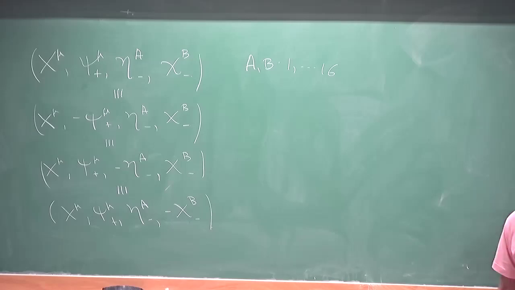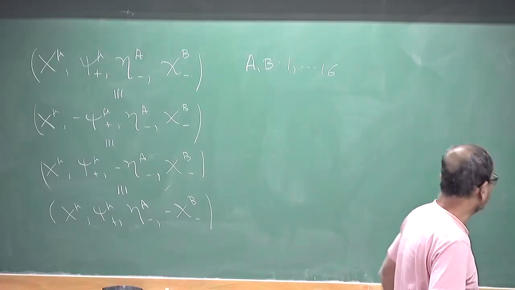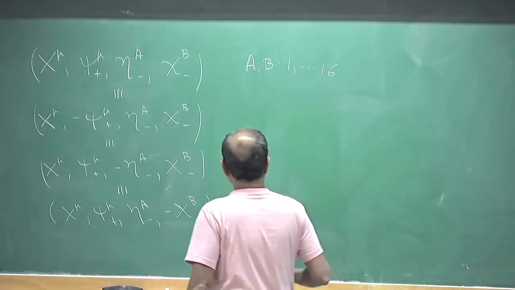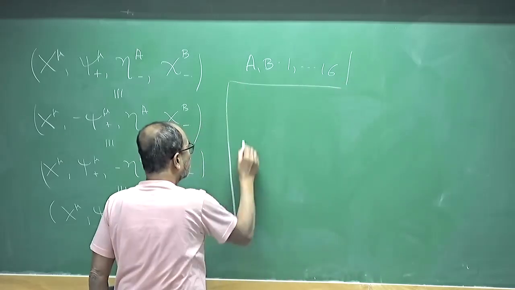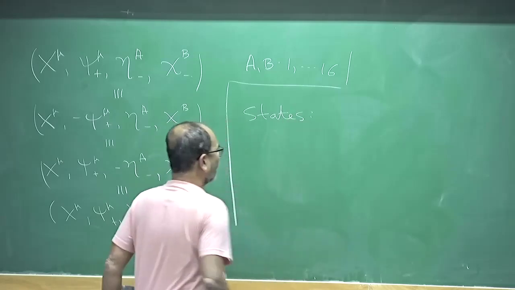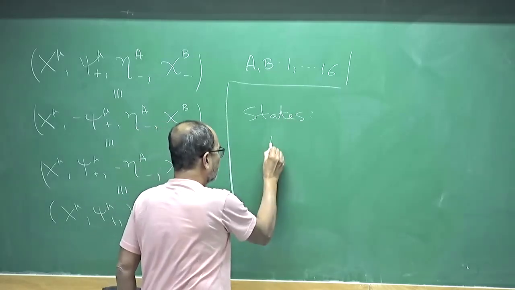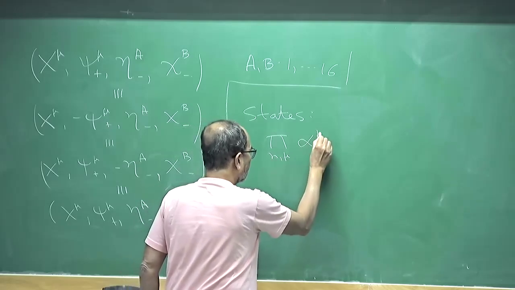Okay. So we'll be constructing the spectrum of states. And for that, again, the states will have the following form. So first of all, you have the product over n, mu, alpha mu, and so on.